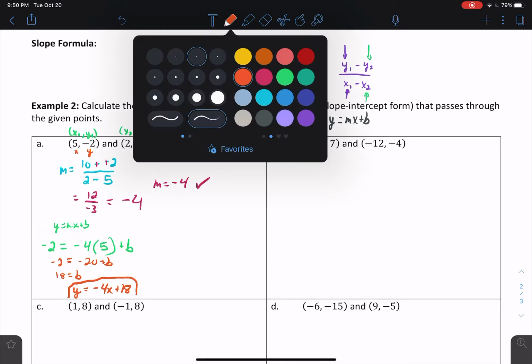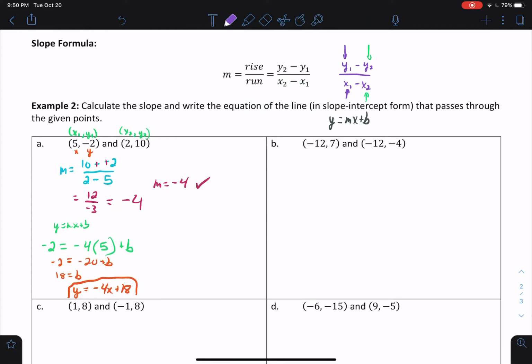Or we could use the second point, x, y. Plug in 10 for y, so we're starting with y equals mx plus b. My slope is negative 4. I plug in 2 for x plus b. If I simplify this, I'll get 10 equals negative 8 plus b.